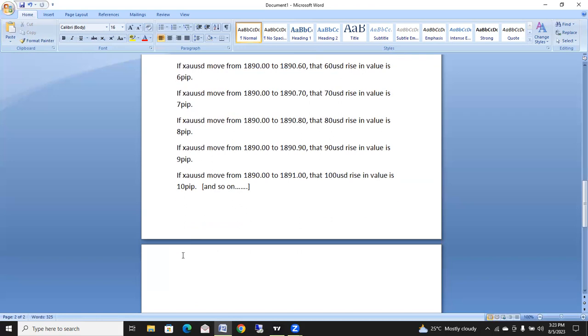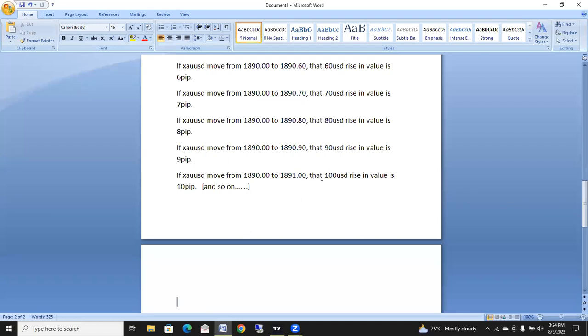And if gold moves from 1890.00 to 1890.90, that 90 USD rise in value is 9 pips. Then if gold moves from 1890.00 to 1891.00, you see now there is a big change in this one.